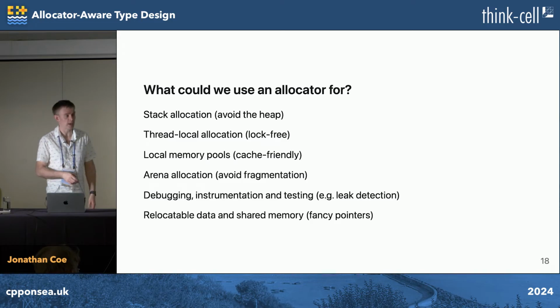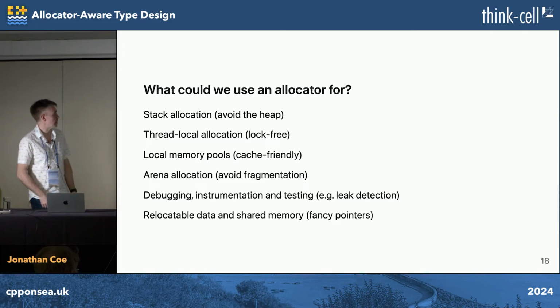So you could use a thread local allocation to speed that up. You can use local memory pools to make sure that chunks of memory are allocated together where they're going to be used together, make things more cache friendly, get more relevant information into a cache line. You can avoid memory fragmentation by allocating small objects in one pool and large objects in a bigger pool.